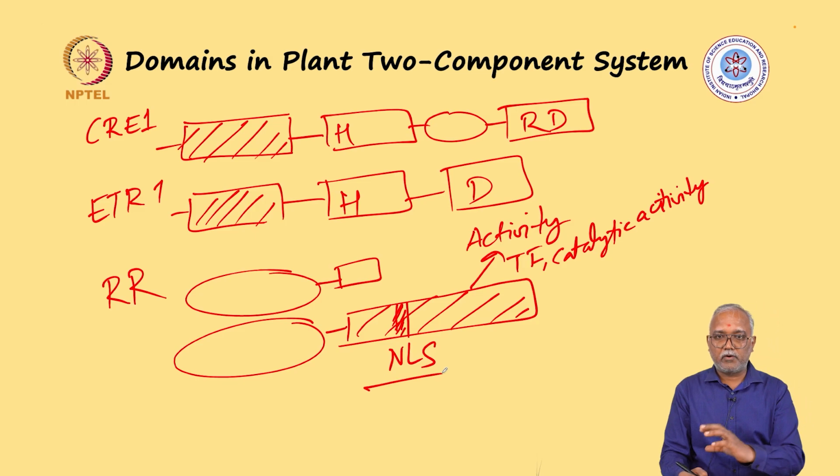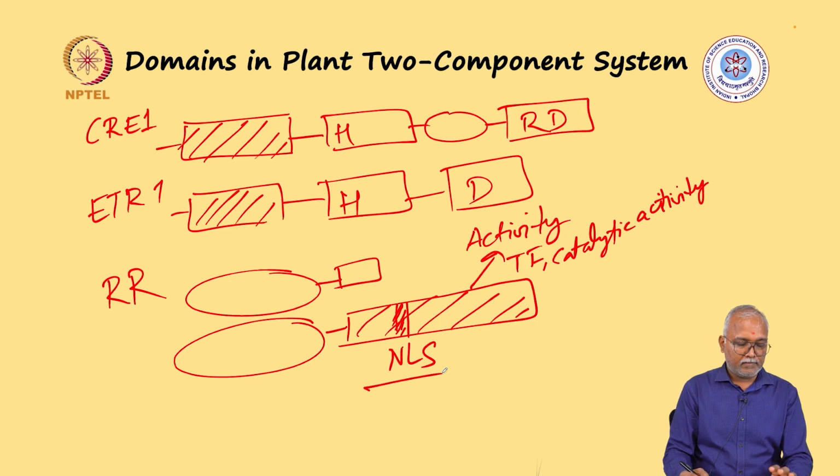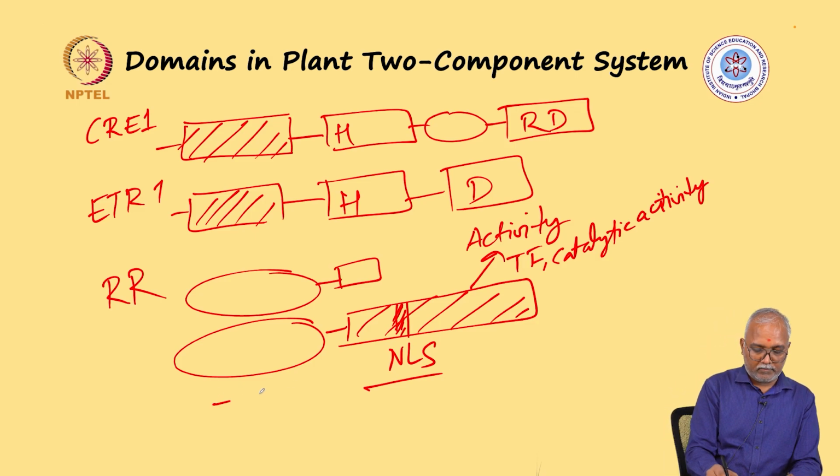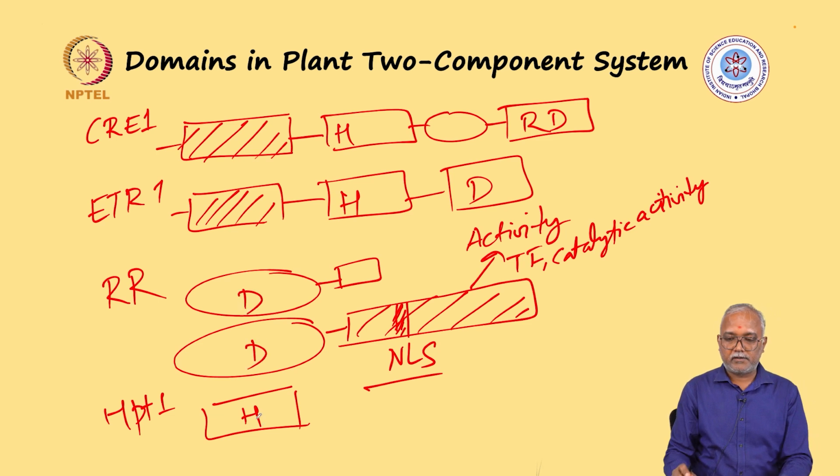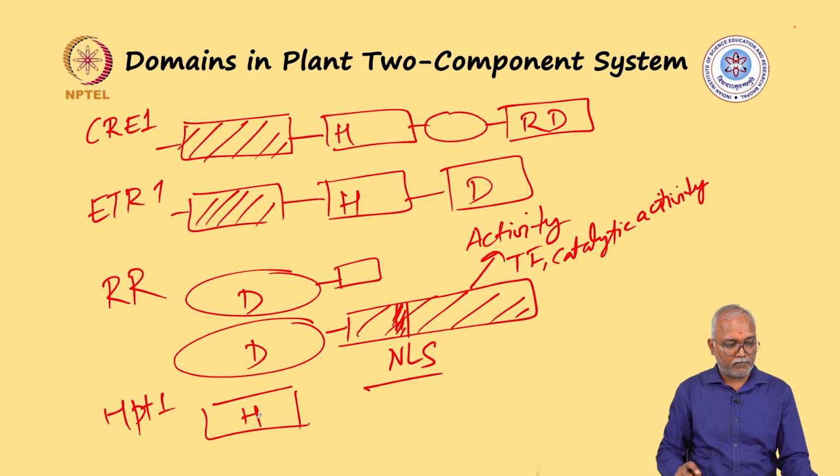So it makes the molecule move inside the nucleus. Then there could be the domains for HPTs, and we have understood that it should have the histidine residue for phosphotransfer type of event.